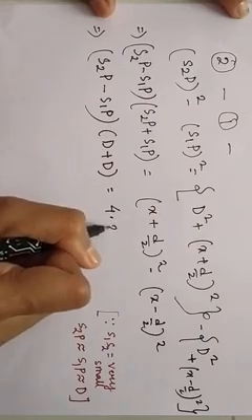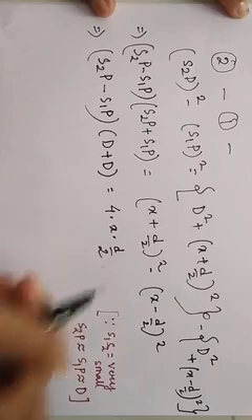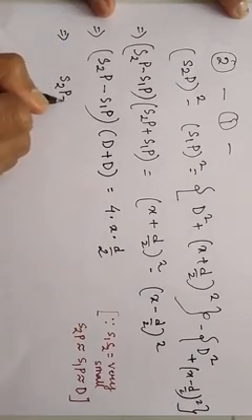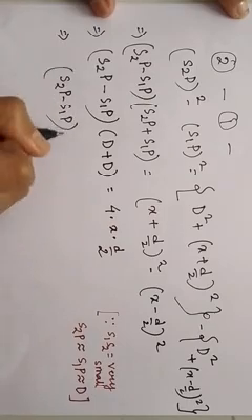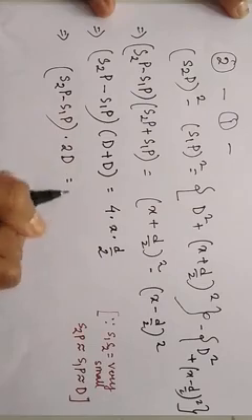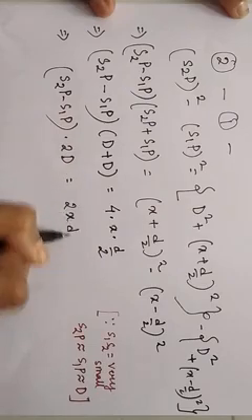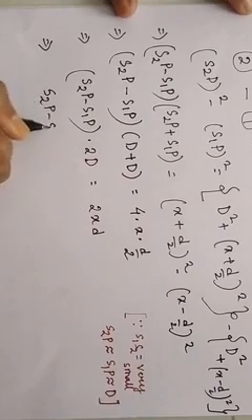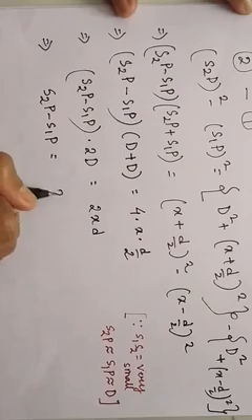So it will be 4 into x into d by 2. So here we have S2P minus S1P into 2D equal to 2xd, or S2P minus S1P equals xd by D.